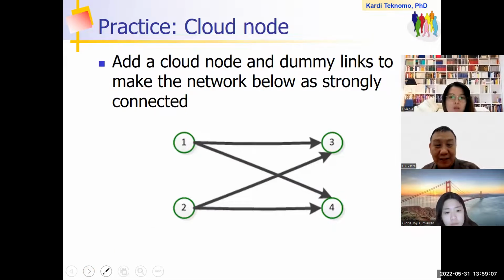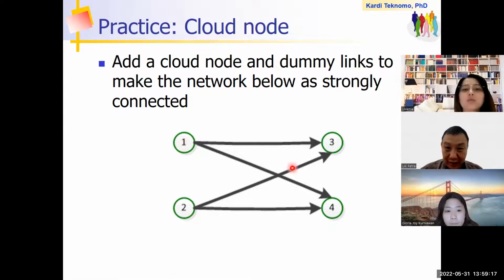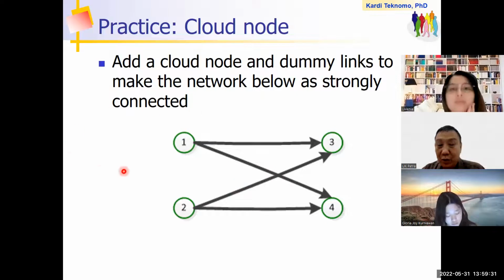So okay, let's practice so that it becomes clearer. This is clearly the source, and this the sink. Can you add the cloud node and dummy link? If you put 2, 3, 4, 5, for example, any flow that you put here, can you also put the flow in the dummy link?